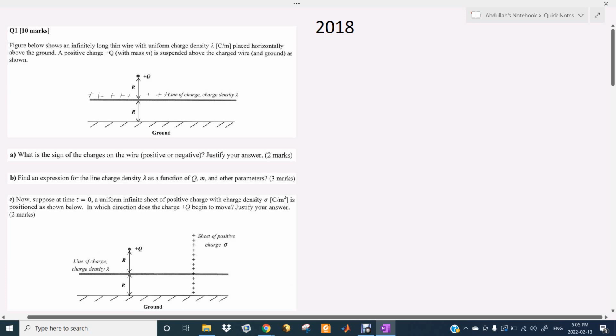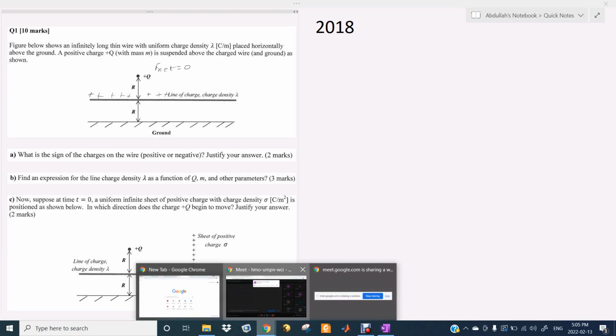So that means the net force on this charge is zero, right? Now, they ask what is the sign of the charges on the wire. If you read the question, it says it's suspended. So that means it has to be positive.